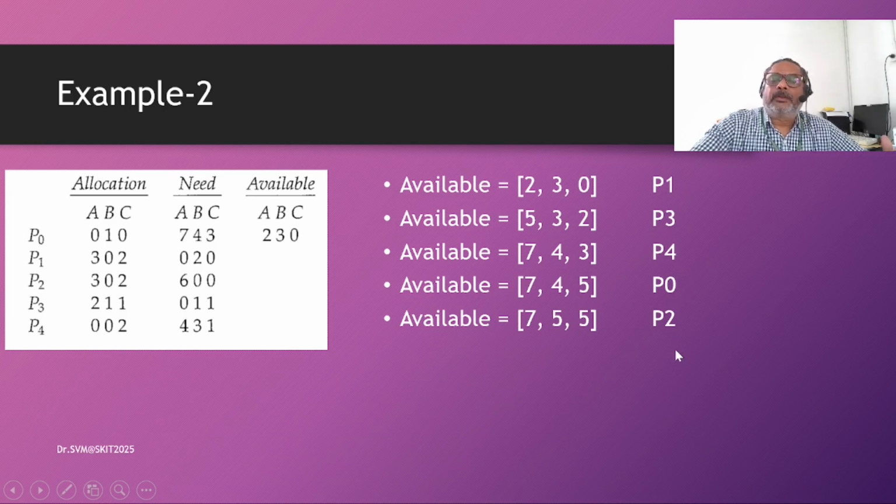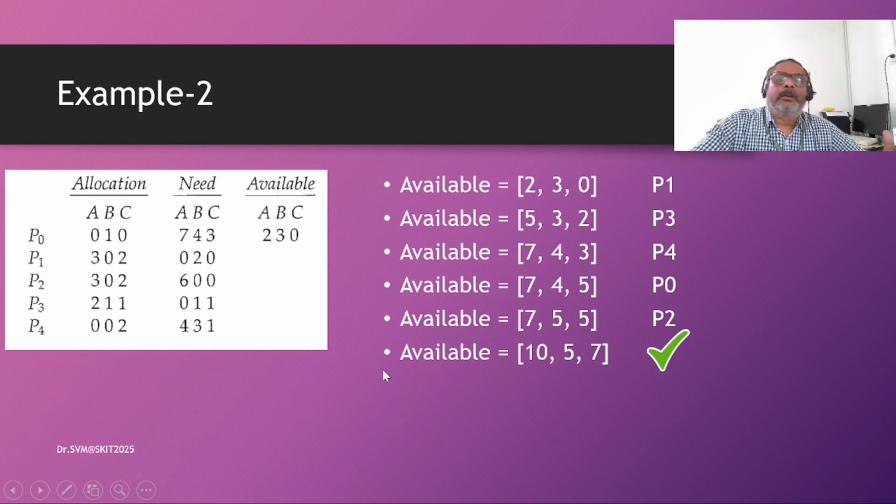So in this order if we allocate, then all the processes will complete, and therefore we can say that the situation is safe. Whatever was requested by the processes can be allocated, and there is no chance of getting into deadlock.